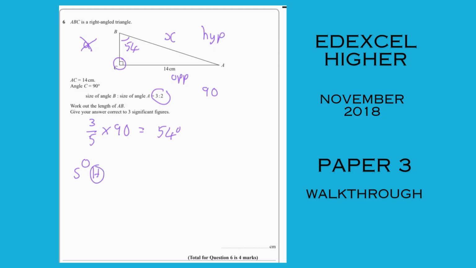I want the hypotenuse, so my hypotenuse X is my opposite side, that's 14, divided by sin 54. 3 significant figures, so my answer of 17.304 becomes 17.3.